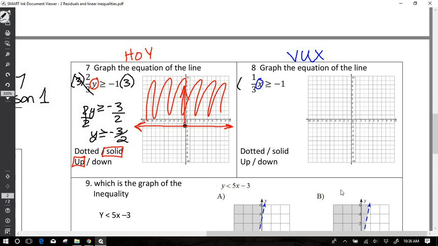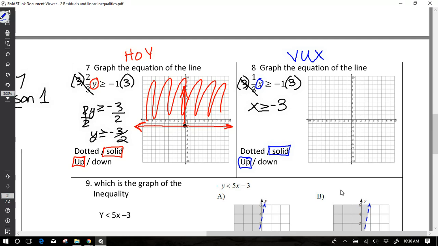So I'm going to need to multiply both sides by 3. And now what I have is x is greater than or equal to -3. So my greater than or equal to tells me it will be up and it will be solid.